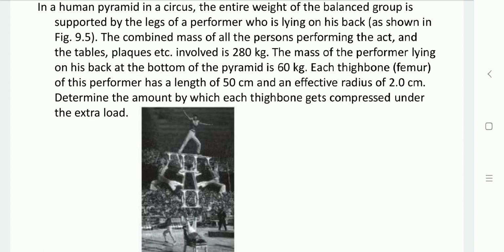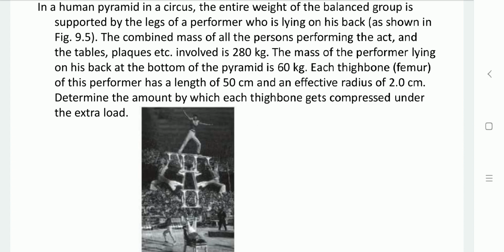So here we need to calculate, as we have the total mass of all the performers, tables and plywood given as 280 kilograms, and the mass of the performer given as 60 kilogram, the mass supported by the legs of the performer at the bottom. So let us take the difference of total mass minus mass of performer, that is 280 minus 60, that would be 220 kilogram.